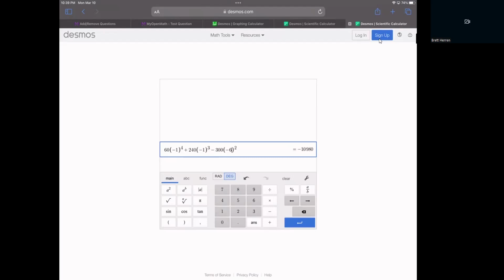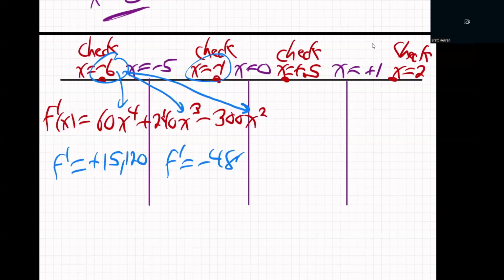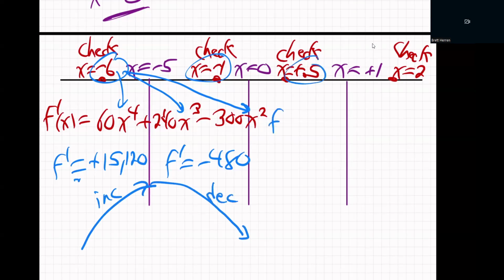And we get, here we go, negative 480. So far it's going up, increasing, that's going down, decreasing. Okay, now plug in x is positive 0.5.